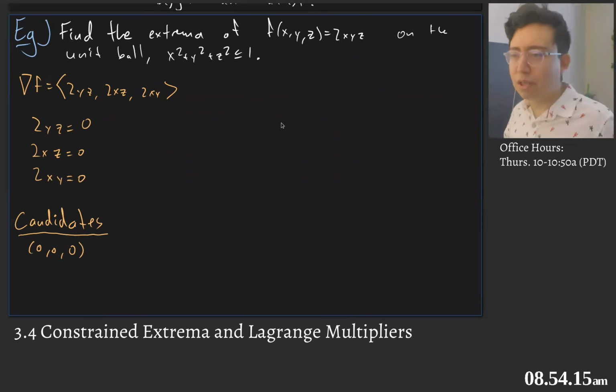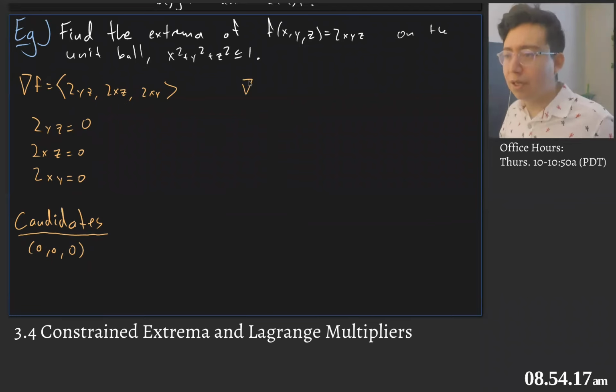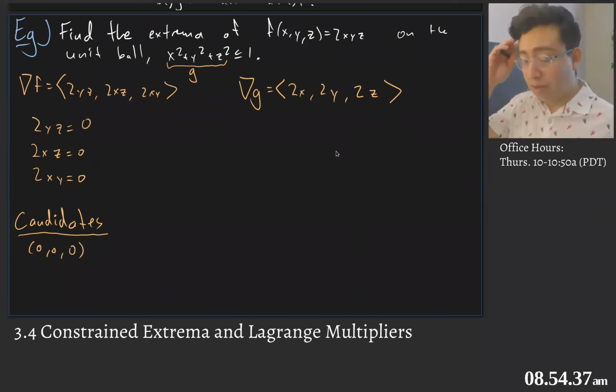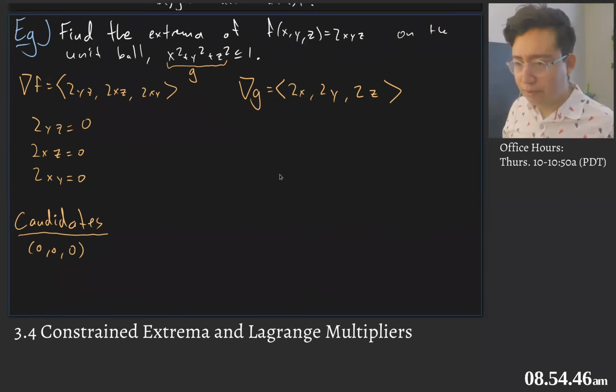But now we need to use Lagrange multipliers on the boundary. So in this case, we're going to do the gradient of g. So for example, this here is g, and we get 2x, 2y, and 2z. Okay, and this is the fun part. So we get four equations.